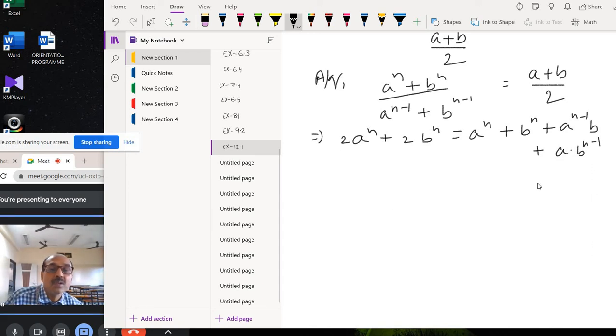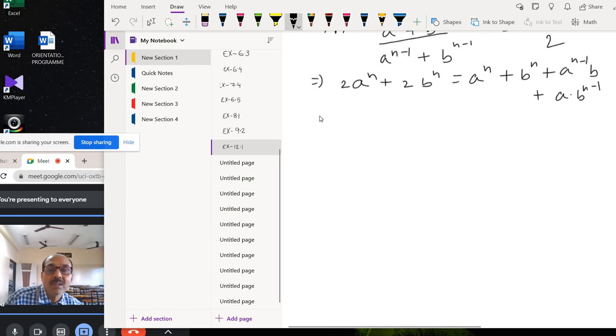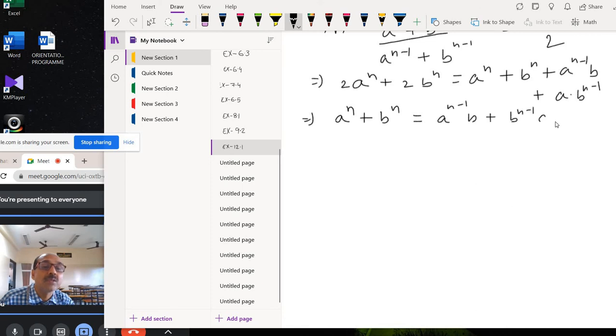Now 2a to the power n minus a to the power n is a to the power n, plus b to the power n, equal to a to the power n minus 1 into b plus b to the power n minus 1 into a.